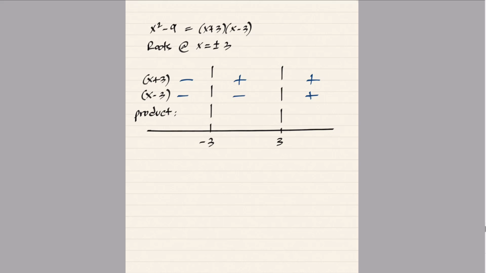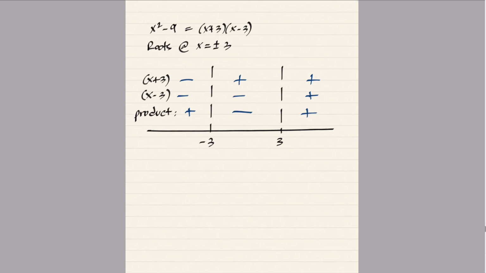And then as far as the overall product, you know that if you multiply two negatives together, you get a positive. If you have a positive and a negative, that gives you a negative. And if you multiply two positives together, you get a positive. We're interested in where the function is positive, and as you can see, that's where the product is going to be positive.